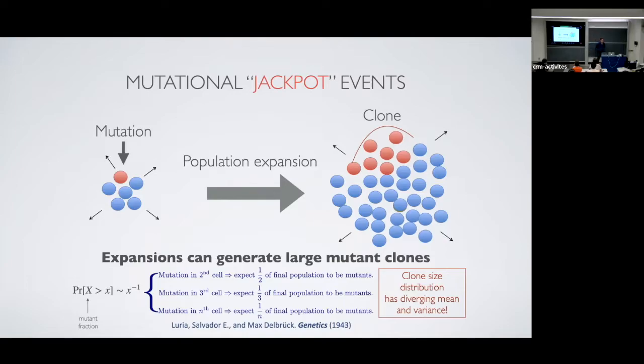And so Delbrück realized if mutations are happening spontaneously in our experiments, I should see a lot of fluctuations in the mutant numbers from experiment to experiment. The variance would have to be very large. And that's indeed what they observed, and it provided evidence that mutations are spontaneous.